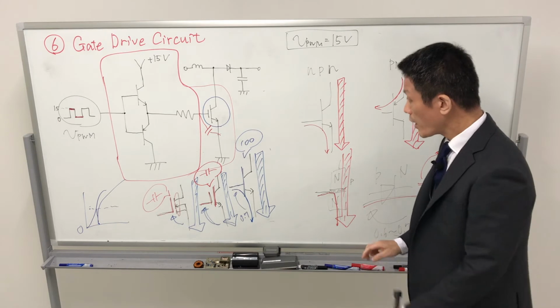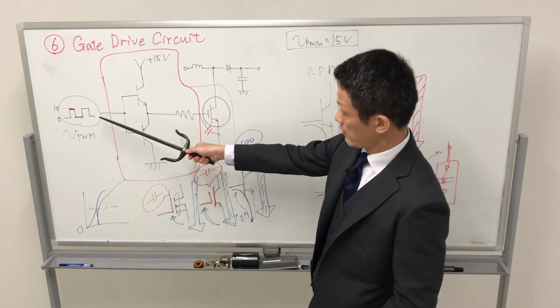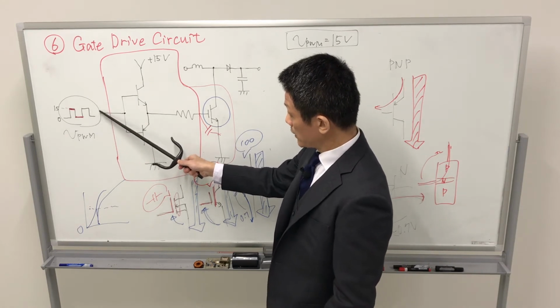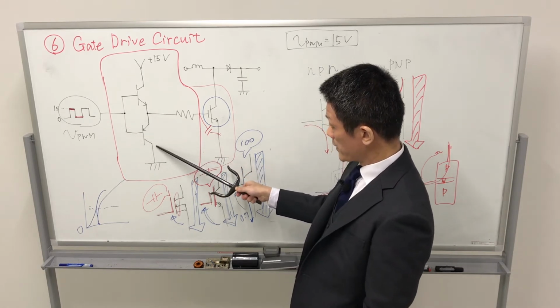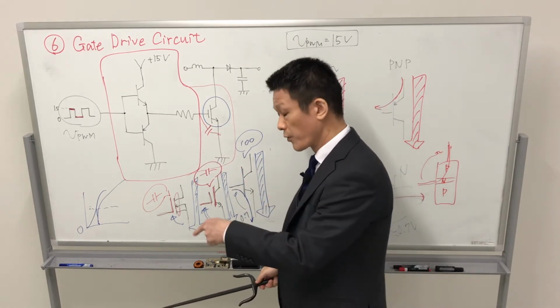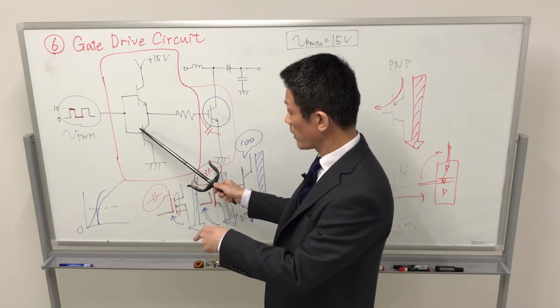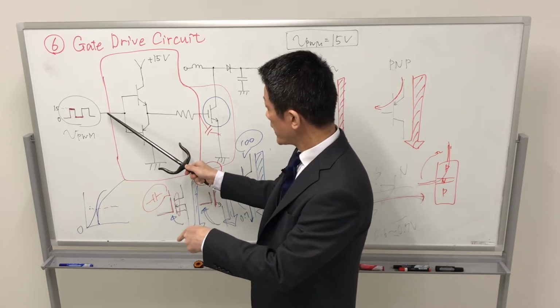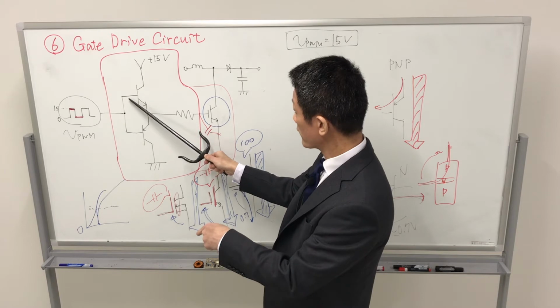So how about the 15 volt PWM voltage side? On the positive side, the NP side cannot flow through because there is no current flow through the PN junction. So we can flow only here.